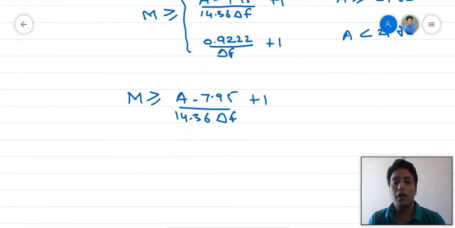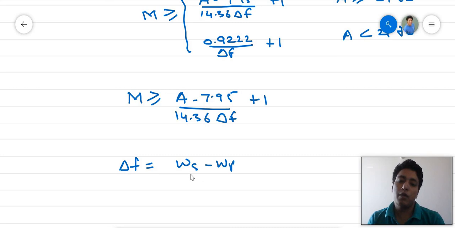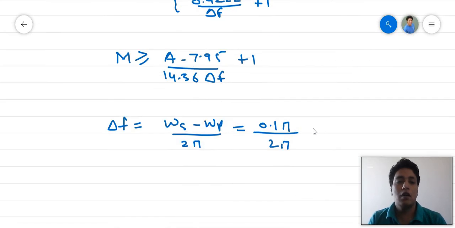Now we know A is 74.24 dB and delta f is equal to omega s minus omega p over 2 pi, which is equal to 0.1 pi by 2 pi. We'll solve, we'll get it is 0.05.